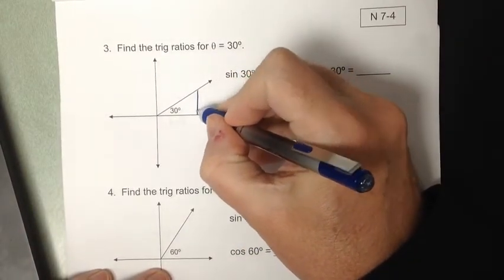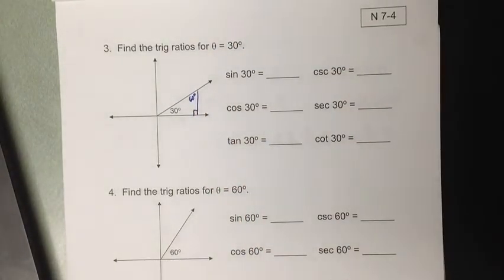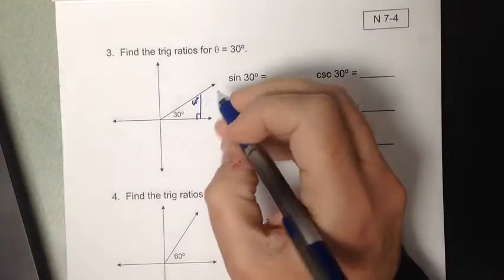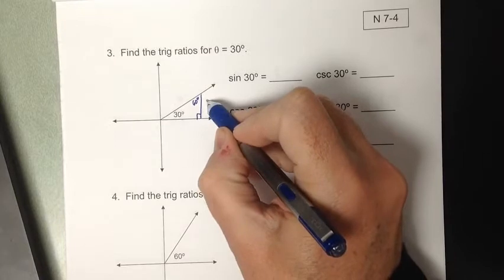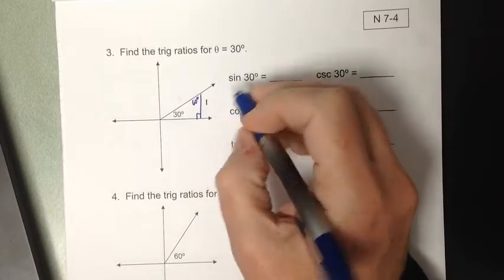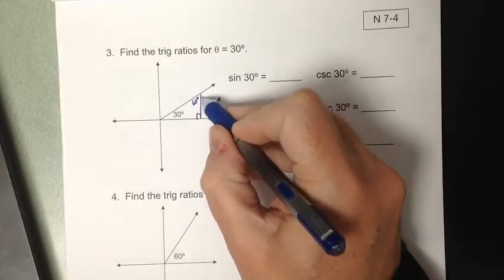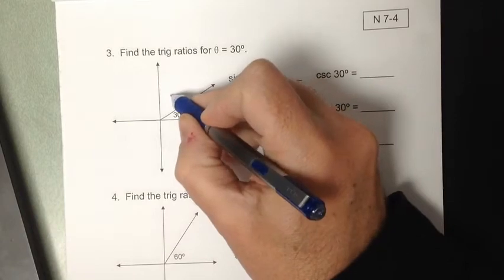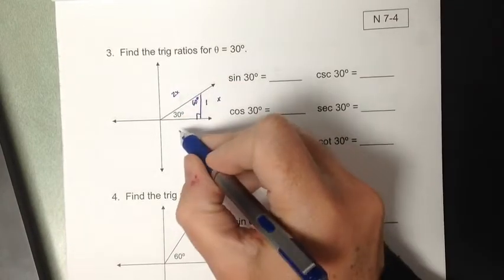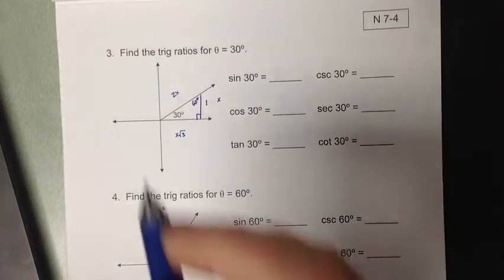If I drop an altitude here, then it forms a 30, 60, 90 triangle. And you may remember from geometry that these have a certain ratio. If I call the short leg across from the 30 degrees x, then the hypotenuse is 2x and the long leg is x root 3.